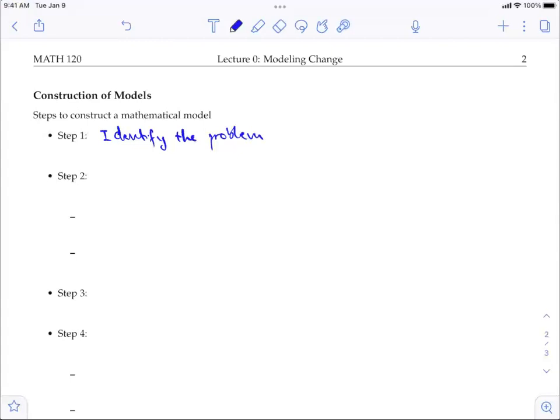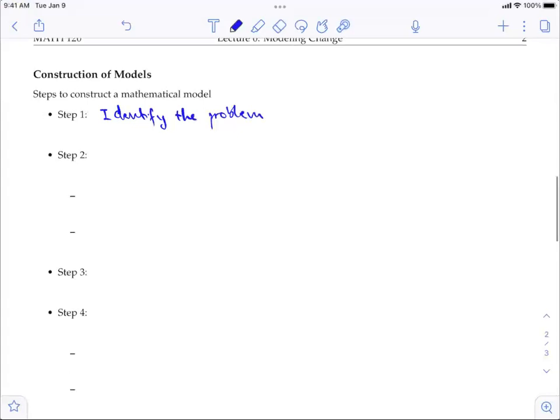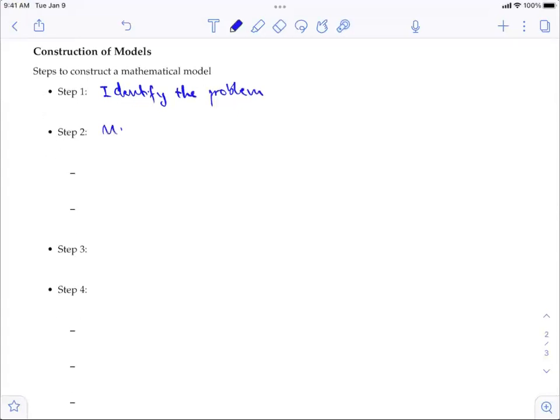Now, after you identify the problem, you need to make some assumptions, because real world problems have so many variables and are again a very complex system. You cannot hope to capture all the factors influencing the problem.